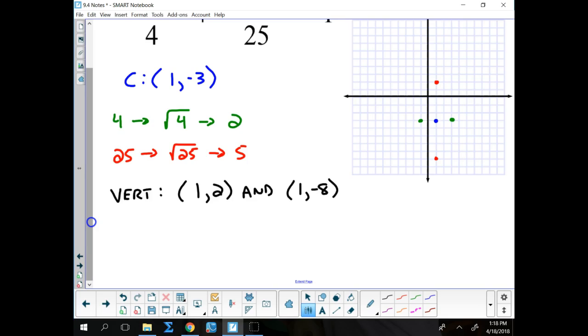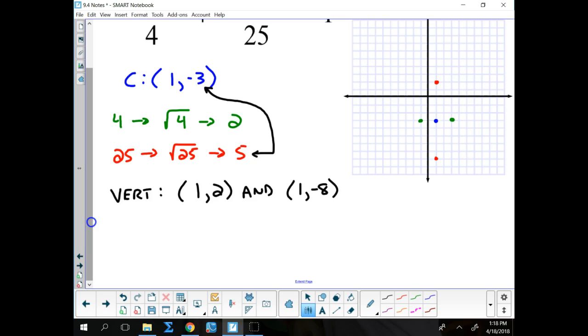And 1 comma negative 8 is the bottom one. Okay? Another way of getting those, because my vertical axis is major, I take that 5 and I add and subtract it to the negative 3. Negative 3 plus 5 is 2. Negative 3 minus 5 is negative 8. Okay?